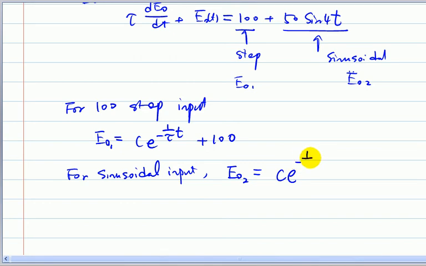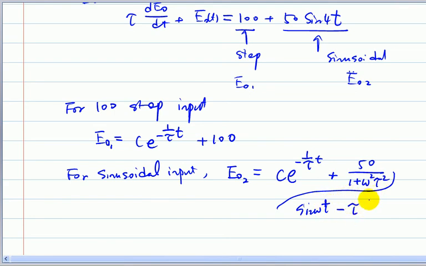It's also C e to the negative t over tau plus a D value, basically that's 50 over the square root of 1 plus omega squared tau squared, times sine omega t minus tau omega cosine omega t.